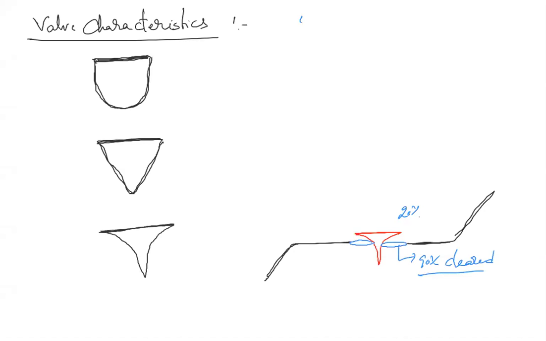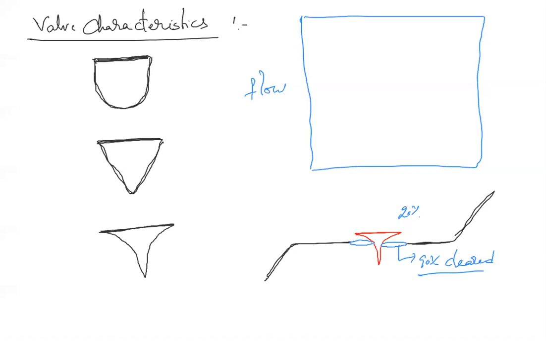So if I try to draw a diagram of flow versus percentage of lift, every control valve has some maximum flow. You got, let's say, 80% of the maximum flow with the 20% lift itself. So that means this is the characteristic.